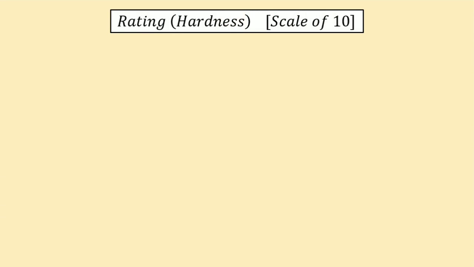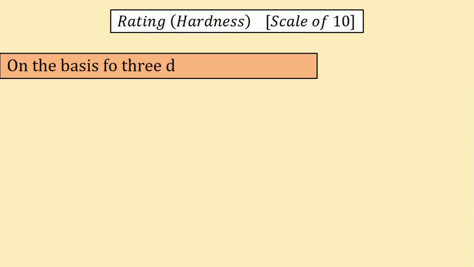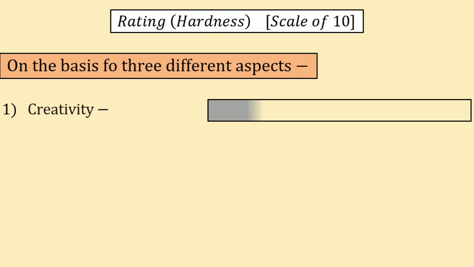Hi everybody, before I show you the question, I want to inform you about a new feature of my channel: we have started rating the questions for their hardness on a scale of 10. We scale them on the basis of three different aspects. The first aspect is creativity, so our question gets some points out of 10 on creativity.